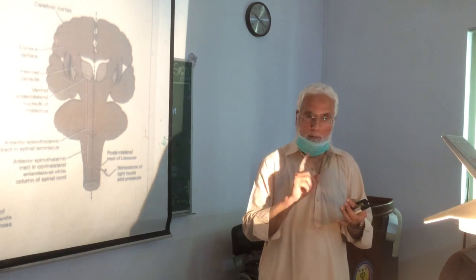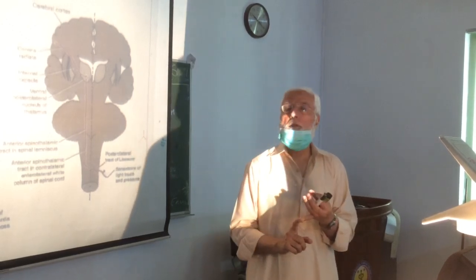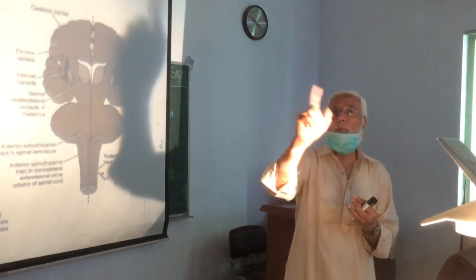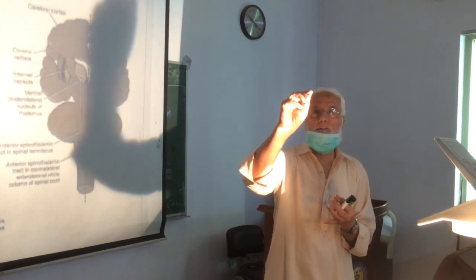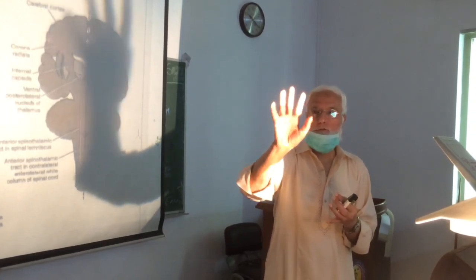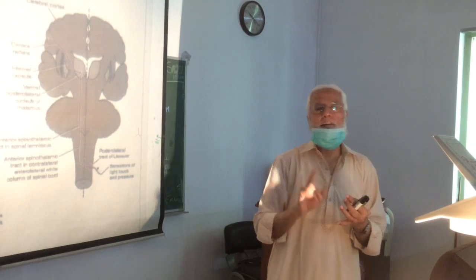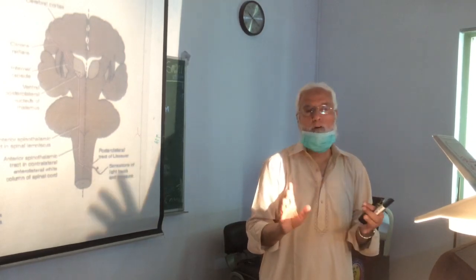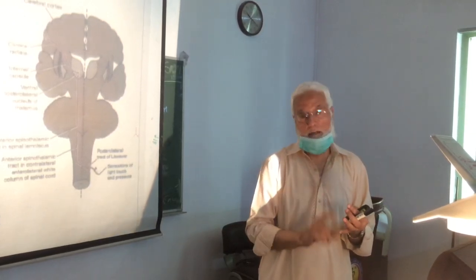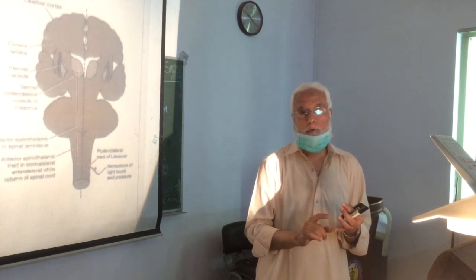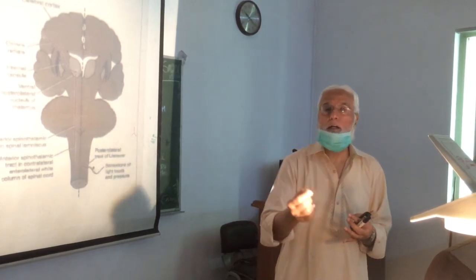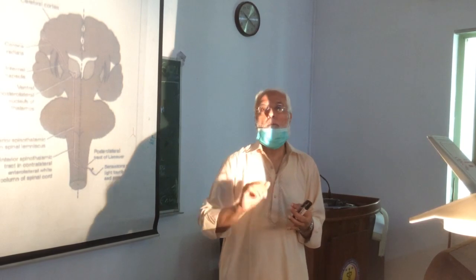Right? So I am telling that slow pain fibers don't go to VPL, the ventral posterolateral nucleus of the thalamus. Slow pain fibers go to the reticular formation, the tectum of the midbrain, and also the periaqueductal gray matter in the midbrain.